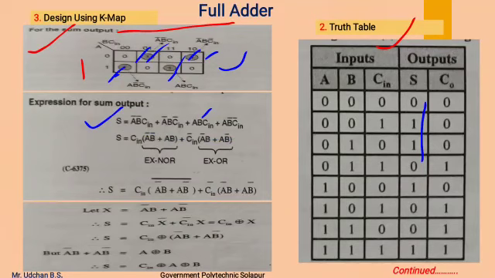So after this, the terms are rearranged. From this and this, C in is taken common, into the bracket A bar B bar plus AB remains as it is. After that, from this term and this term, C in bar is taken common, into the bracket A bar B plus AB bar remains as it is.